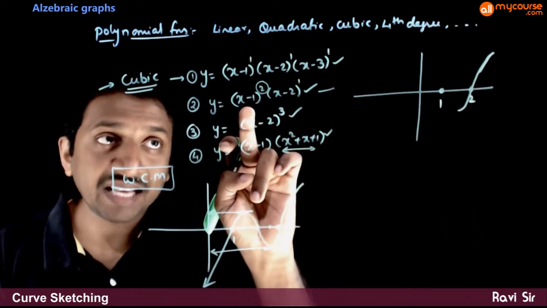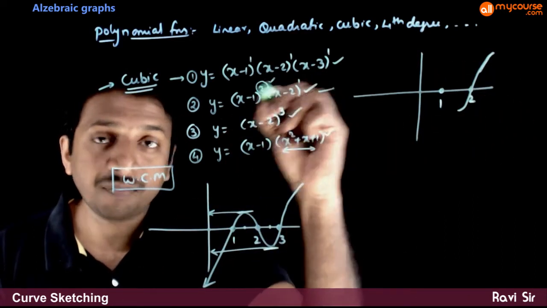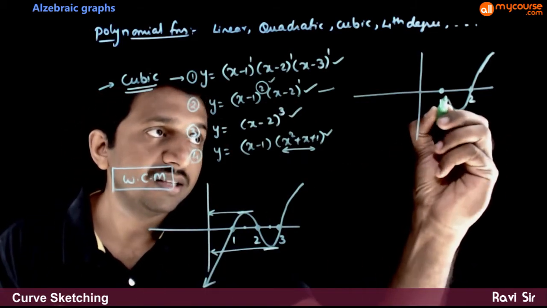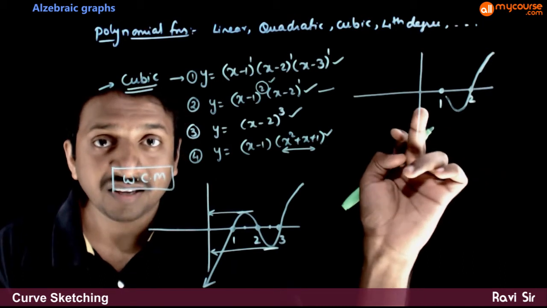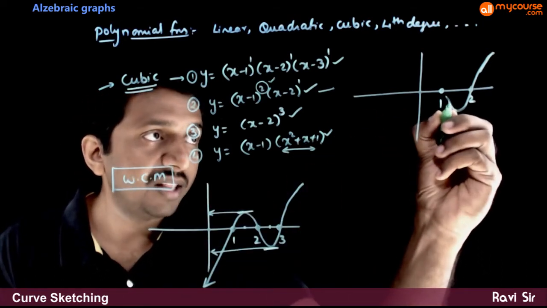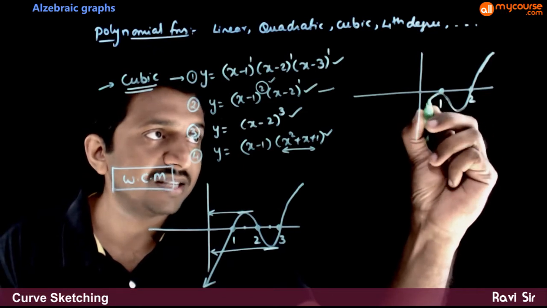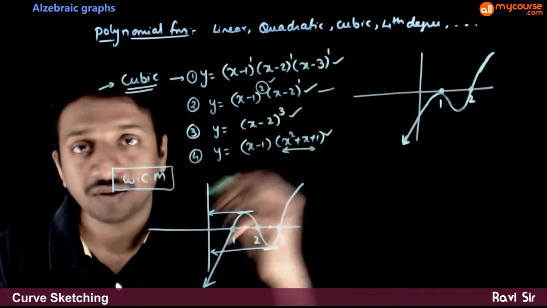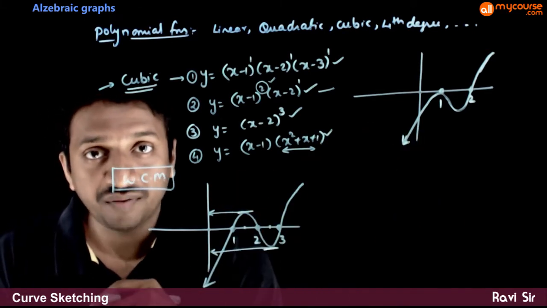And at x minus 1, you have an even power. So at x is equal to 1, the sign of the graph does not change. That is, it is negative in the right neighborhood of 1. It touches and goes back. That's the concept of wavy curve, right?